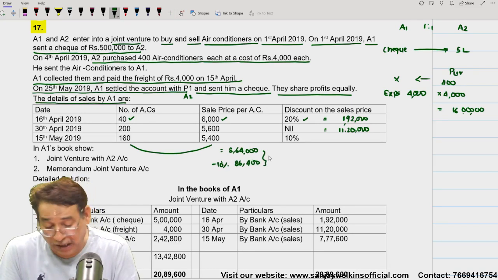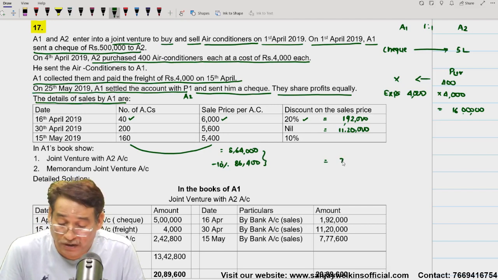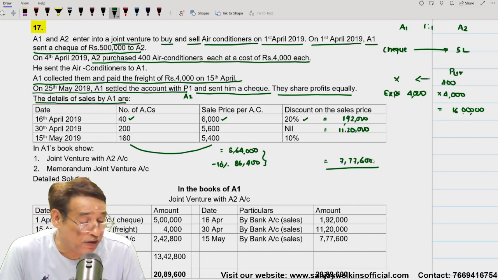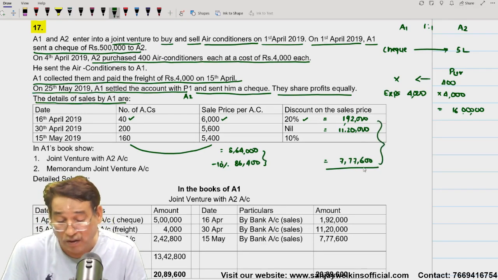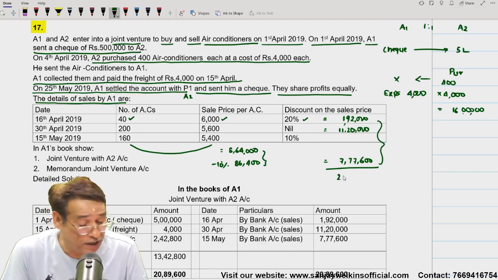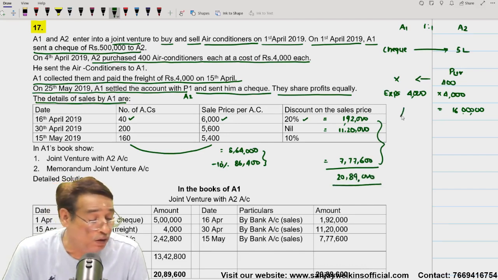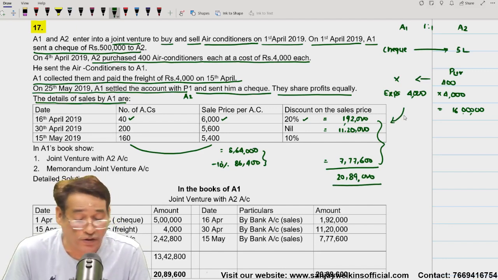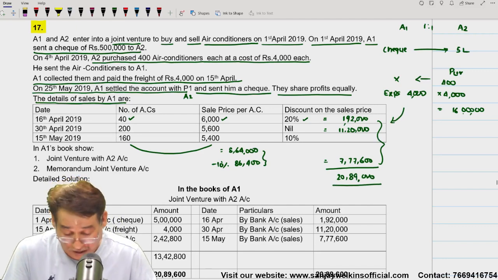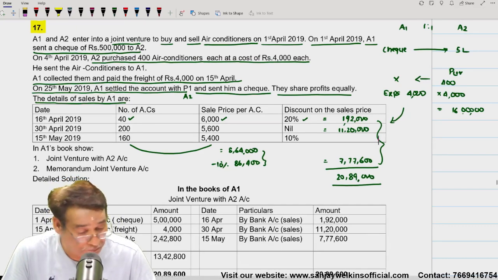So selling price will be less 86,400. It will be equal to 7,77,600. So total sales, I will add all these items. That is equal to 20,89,600. So total sales of A1 is equal to 20,89,600. Very simple question. You can manage it by yourself, but still I will do it for you.